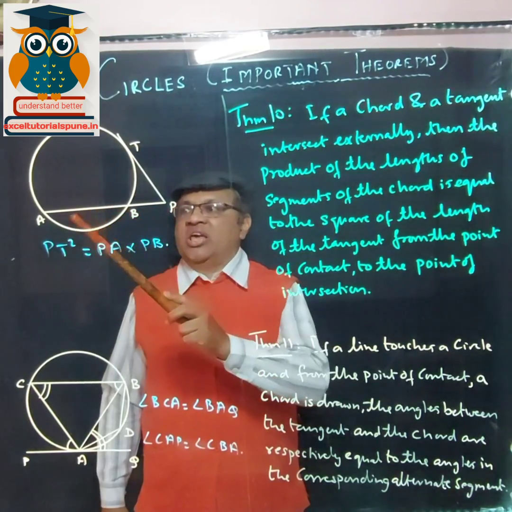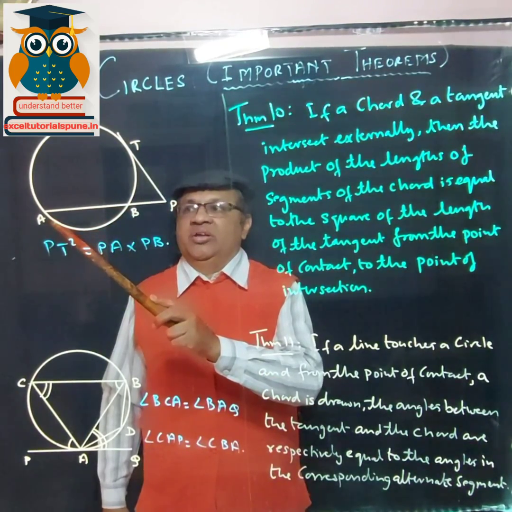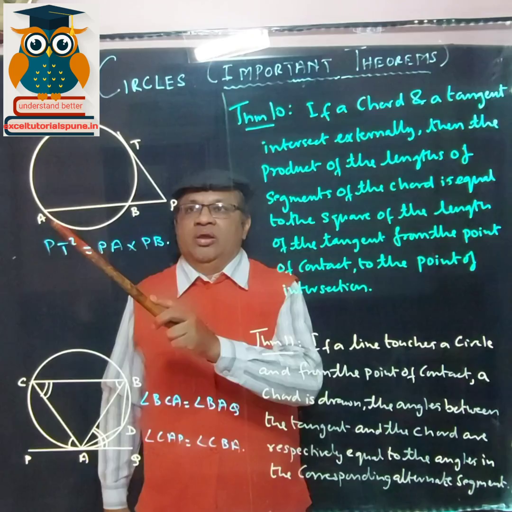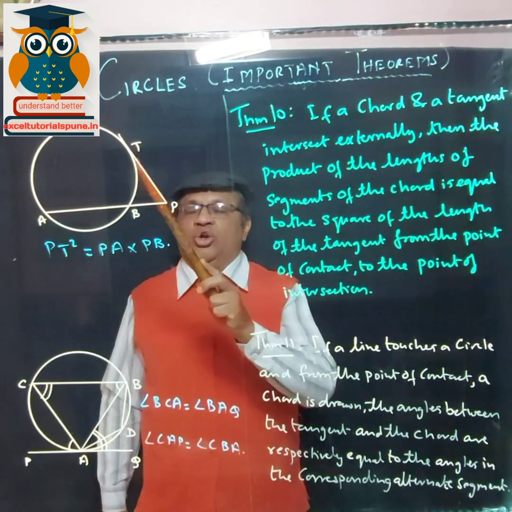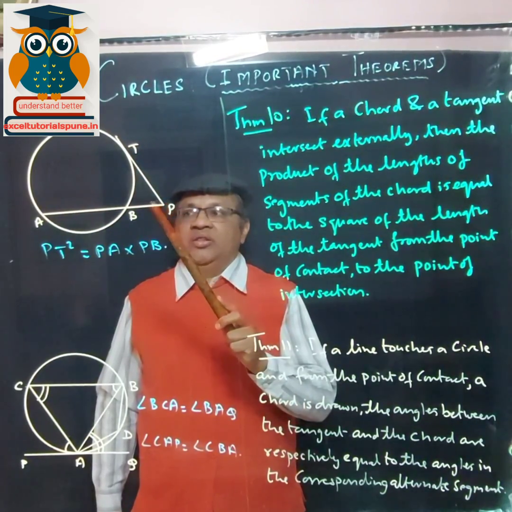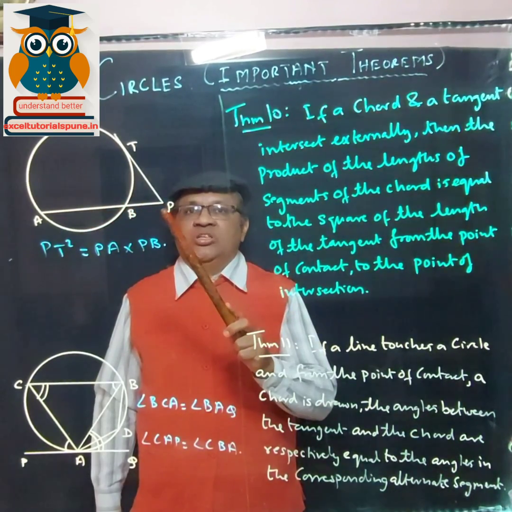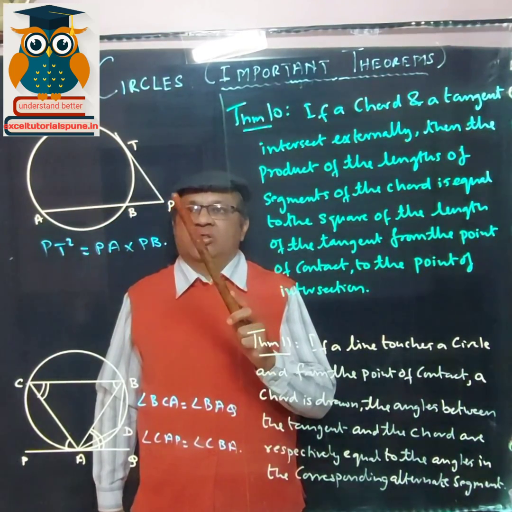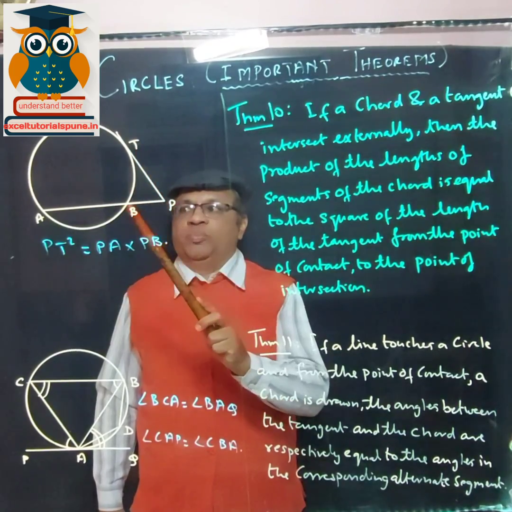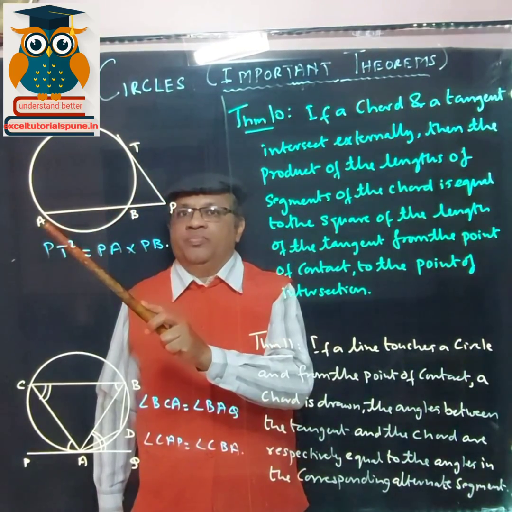When a line segment intersects the circle and a tangent is drawn, then the product of the segments is equal to the square of the tangent. That means PT square is equal to PB into PA.